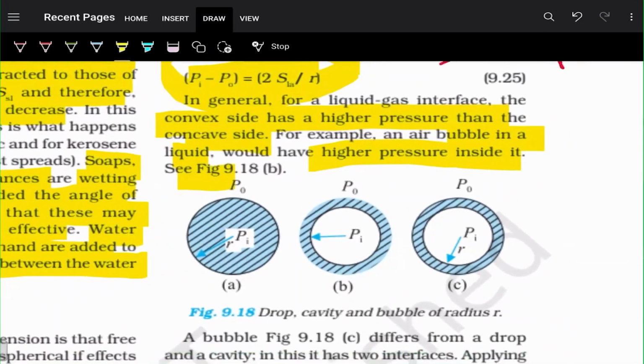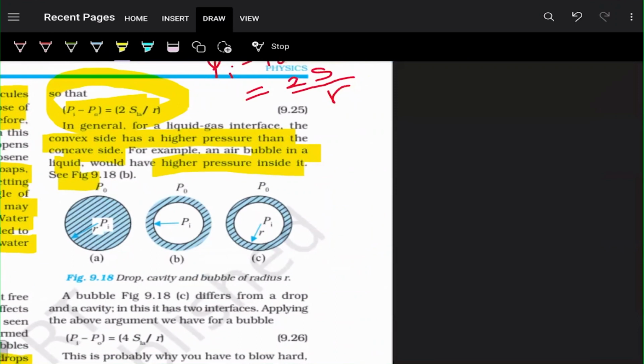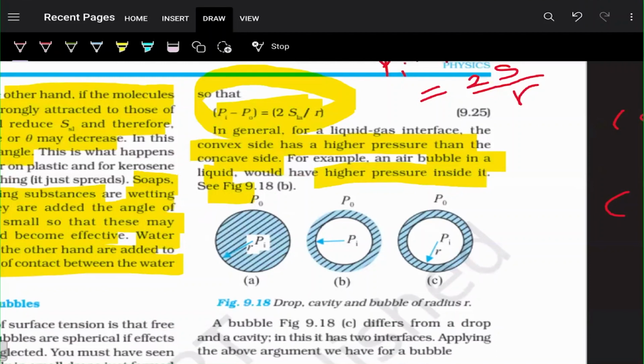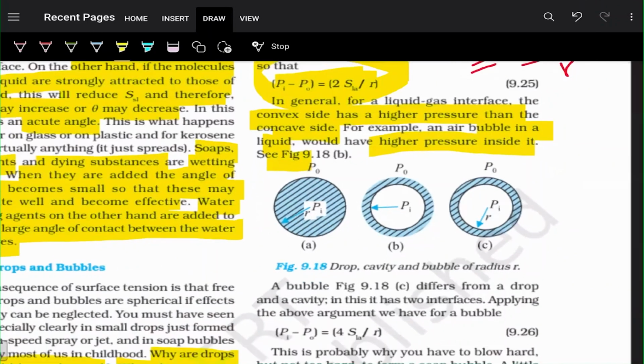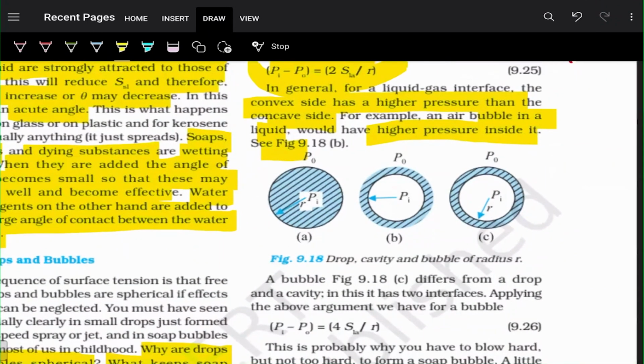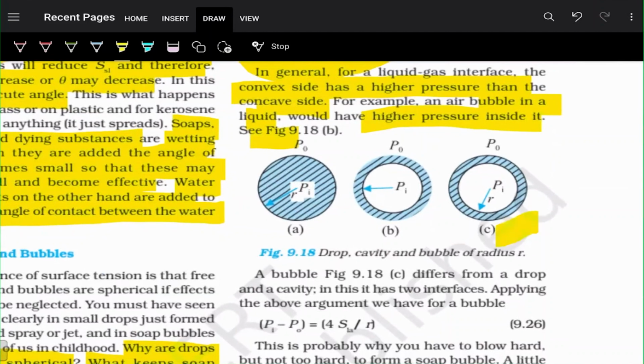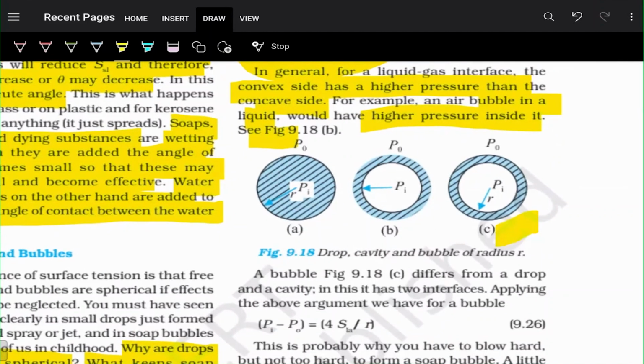So the convex side has higher pressure than the concave side. Okay, simple. Now we have figure 9 point, a bubble, which differs from a drop and a cavity.